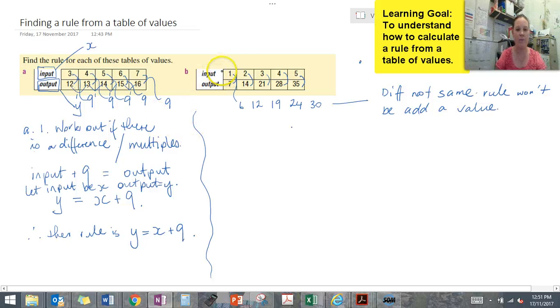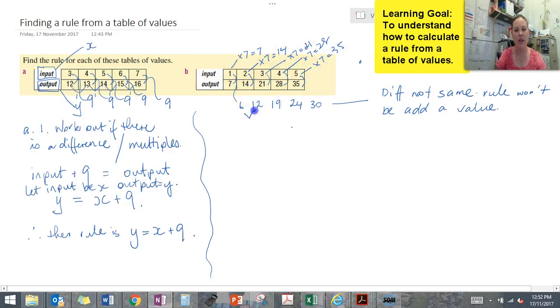So we can get 1 times 7 equals 7. 2 times 7 equals 14. 3 times 7 equals 21. 4 times 7 equals 28. 5 times 7 equals 35. So the consistent thing here is multiplying the input by 7.